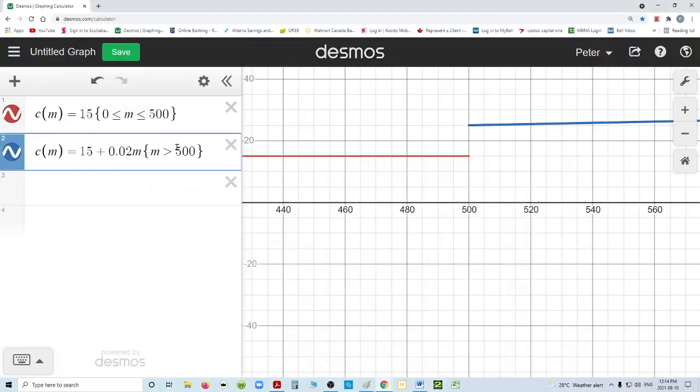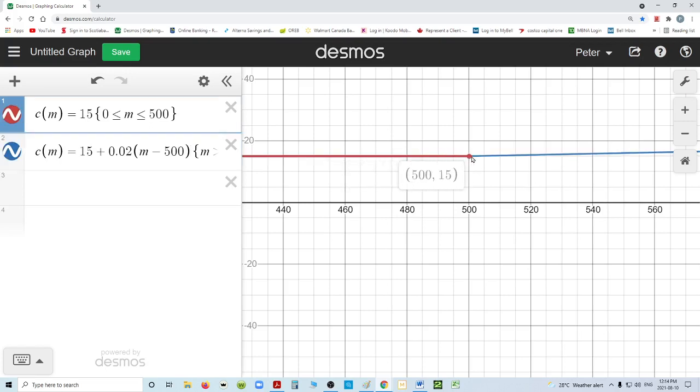So that's actually not going to be minutes, because suddenly he's paying a huge amount. It's going to be minutes minus 500, because it's going to connect. So if you're at 500 minutes, you're paying 15. But as soon as you're after that, you're going to pay a little bit more.